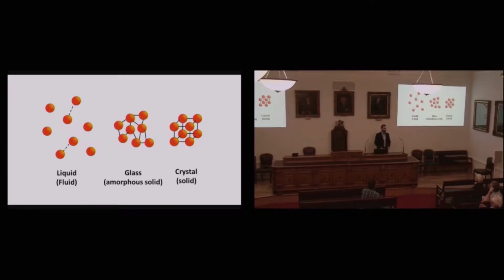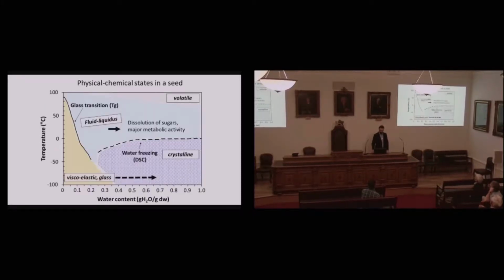However, if we are able to manipulate our samples in a way that we produce an amorphous solid, which I can call a glass, we can have some success. It's what we have heard about as vitrification and these kinds of things.